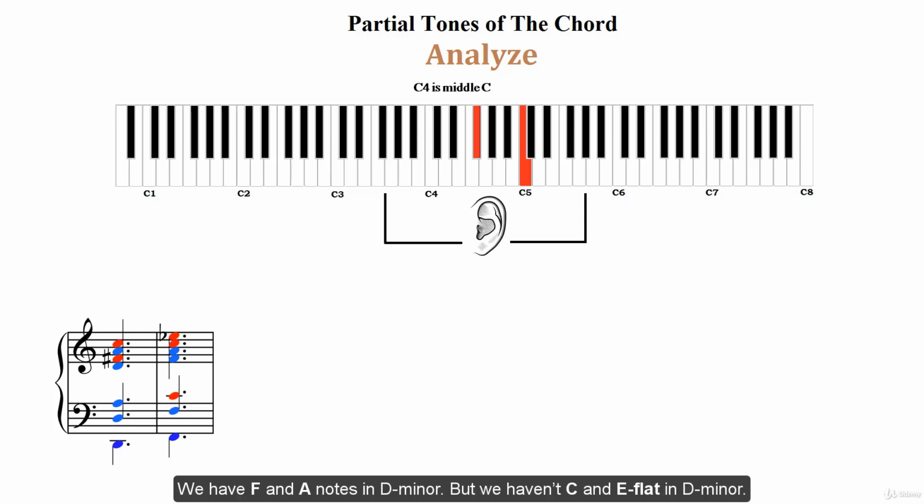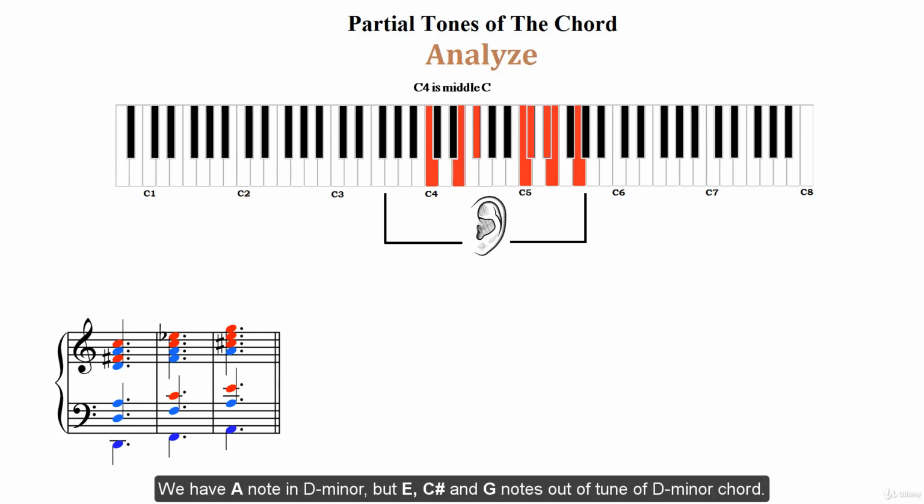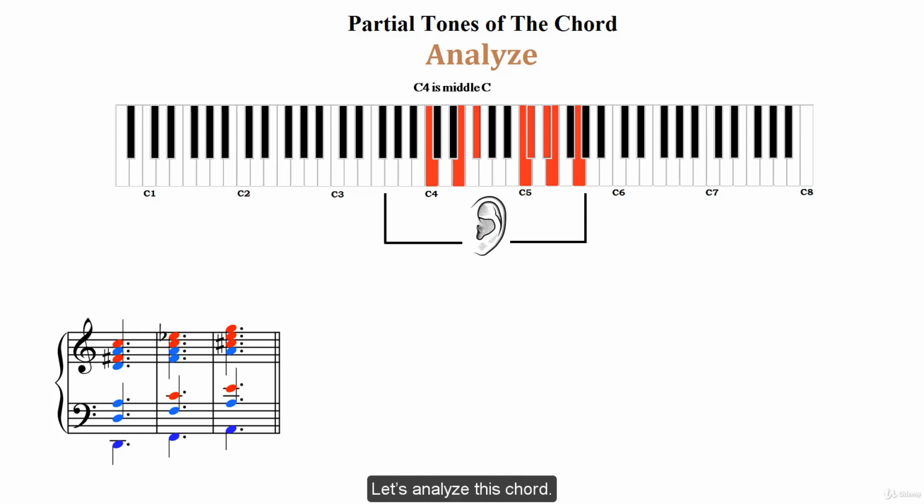We have F and A notes in D minor, but we don't have C and E flat in D minor. When we play A2, there are also A, E, A, C sharp, E and G notes which sound simultaneously. We have the A note in D minor, but E, C sharp and G notes are out of tune with the D minor chord. Let's analyze this chord.